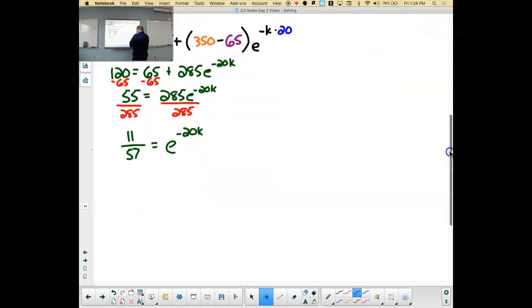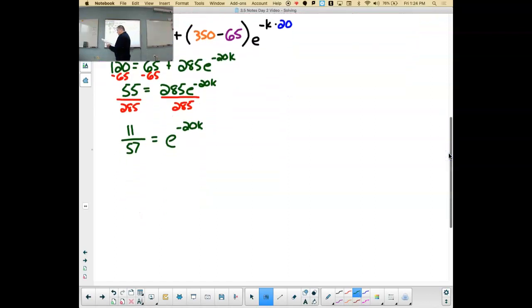Then what we're going to have to do now is natural log both sides, or switch it to log form on both sides. So we're going to have the natural log of 11/57 equals negative 20k.